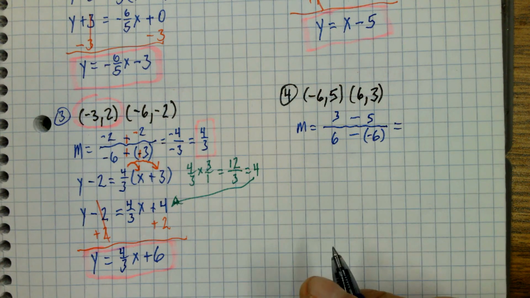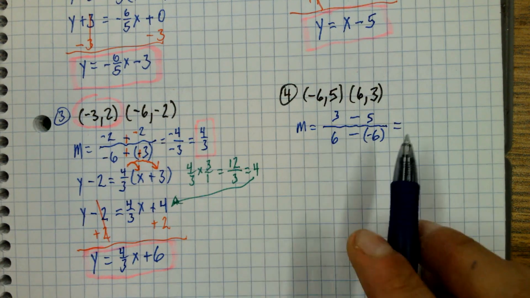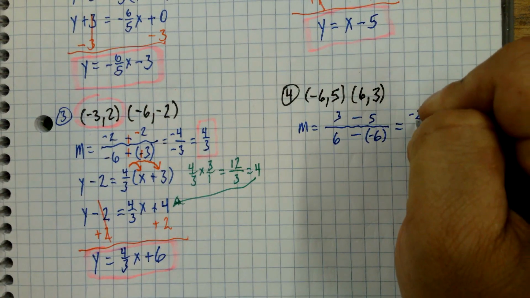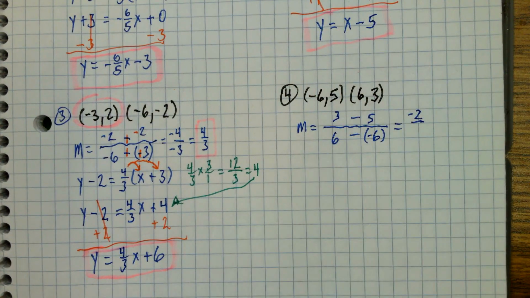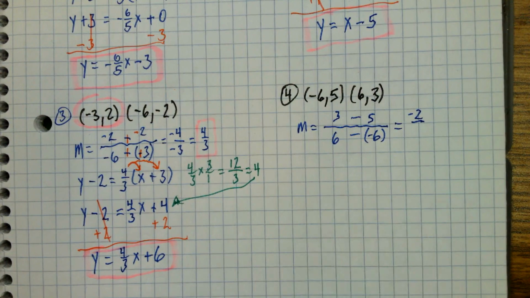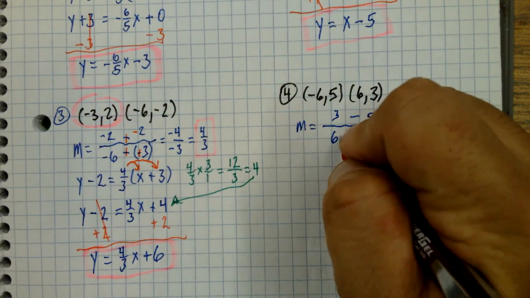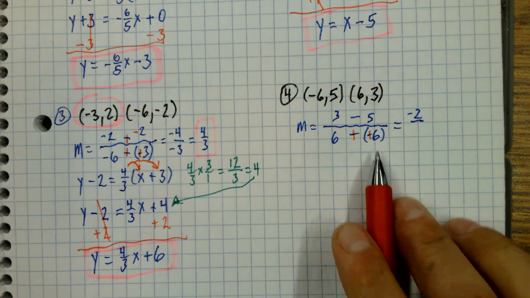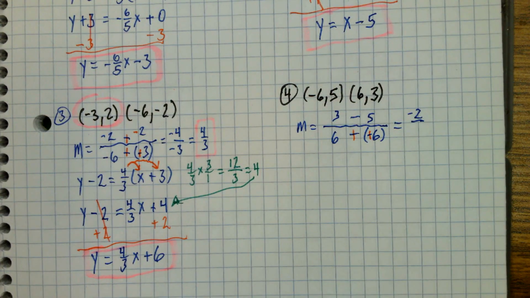It's -2. So if you're not sure, you can always do keep change opposite. It becomes 3 plus -5. And then that's pretty obvious that that's -2. Let's do keep change opposite with this in the denominator. This becomes 6 plus 6. That's 12.